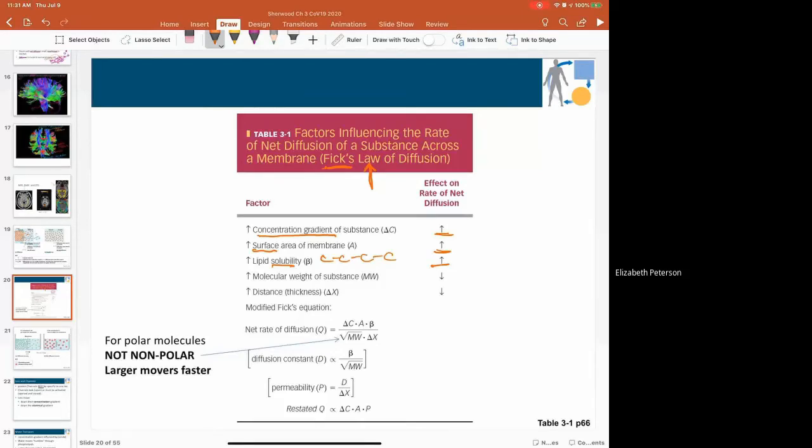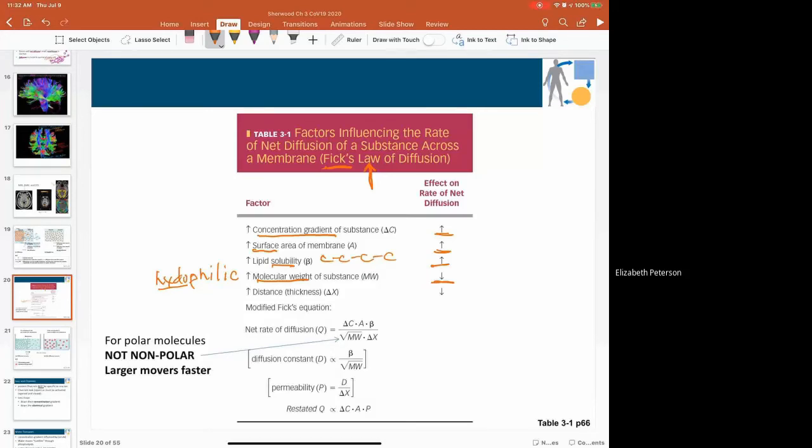The water soluble, so hydrophilic, here they're talking about the molecular weight of a hydrophilic molecule. The more it weighs, so you increase the size of that hydrophilic molecule, then diffusion rate goes down.